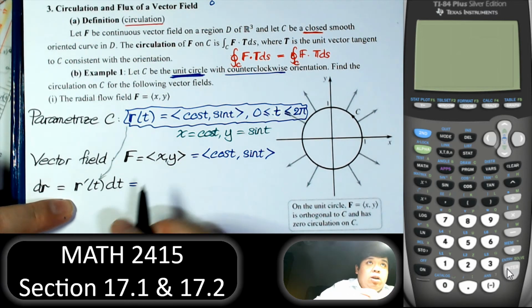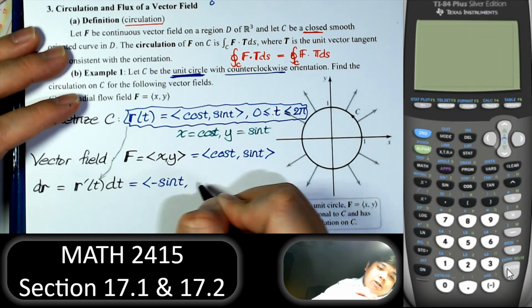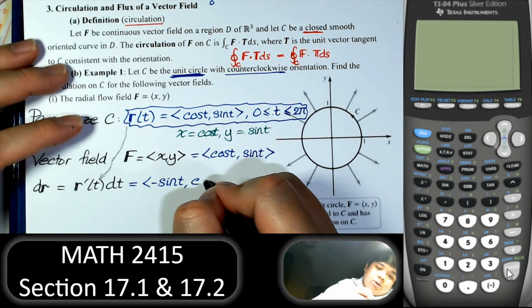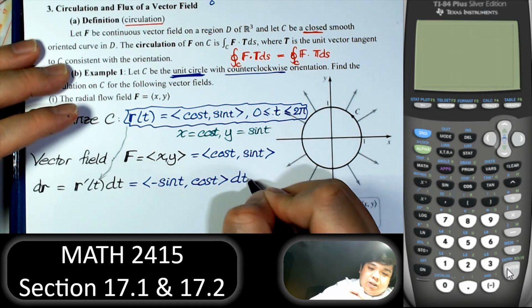The derivative r prime is negative sine t, and the derivative of sine is cosine t, times dt.